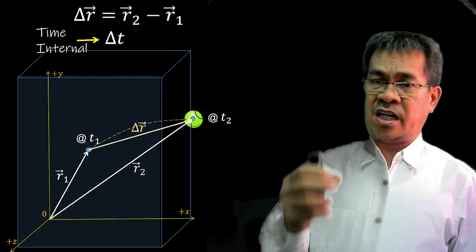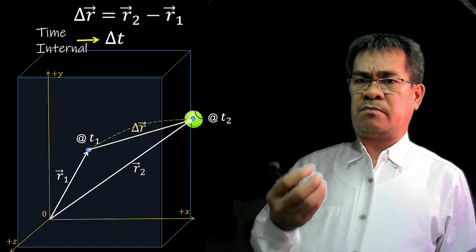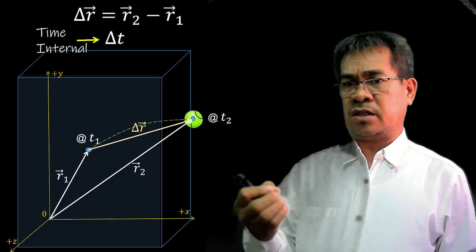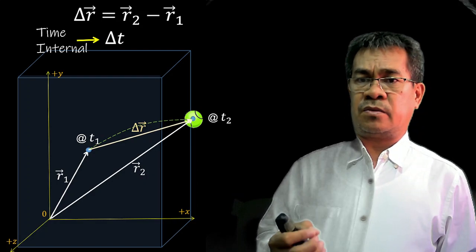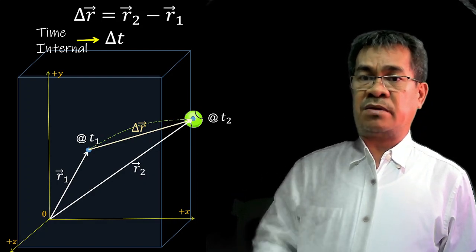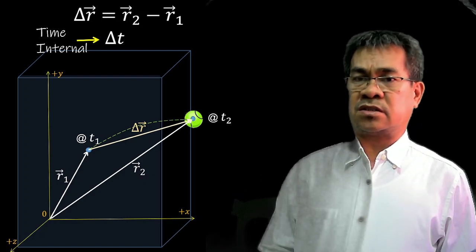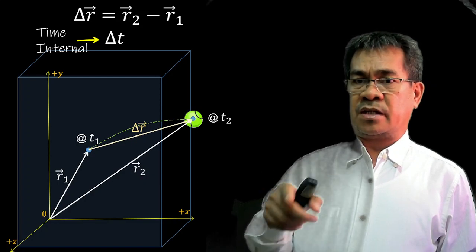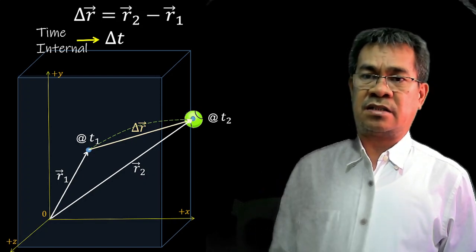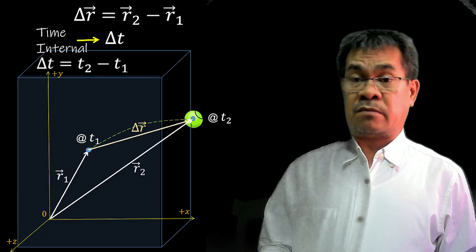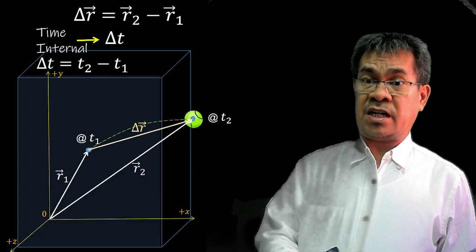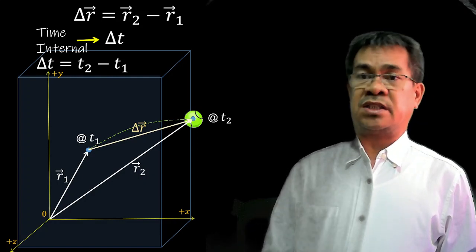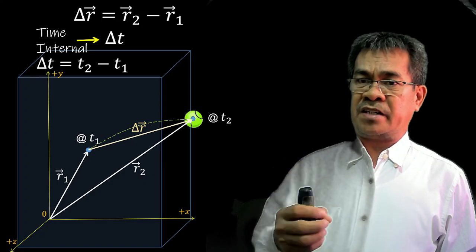Now since the position is dependent on the time, then we have the so-called time interval between the 2 points. The time interval is represented by delta t, and delta t can be computed by subtracting the final time minus the initial time.